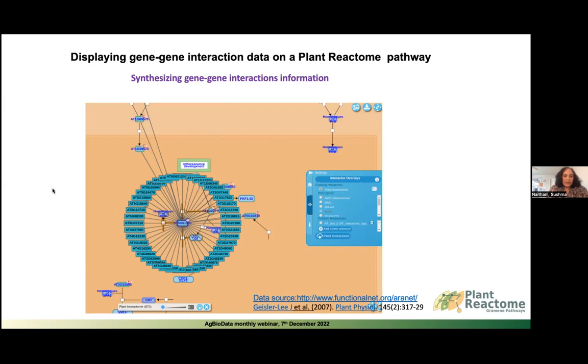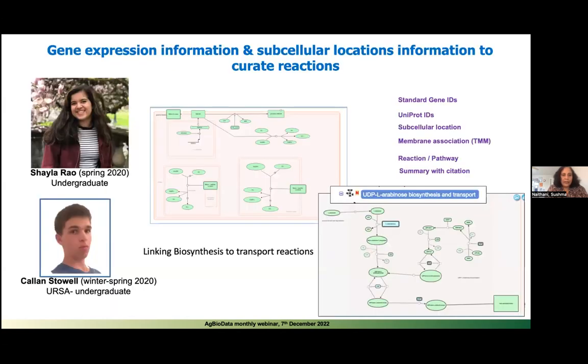As a researcher, one can have more data-driven hypotheses and have more nodes available to them. So this is one example of how we are using omics data with Plant Reactome.